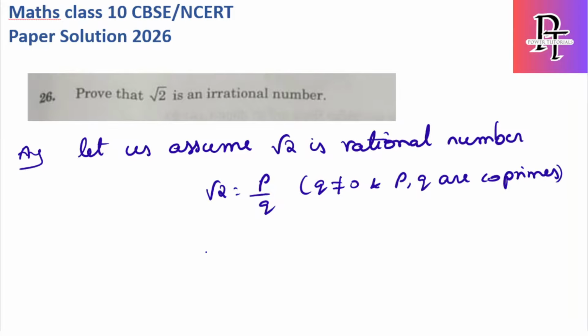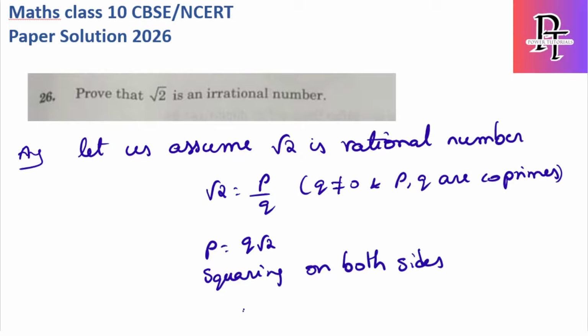Now this becomes p is equal to q into root 2, then just do squaring on both sides. If I do squaring on both sides, it becomes p square is equal to 2 into q square.